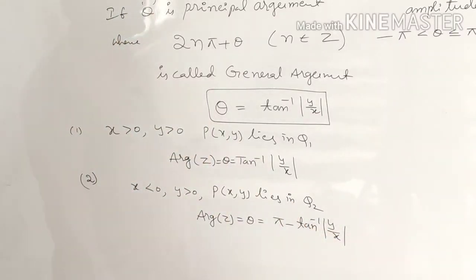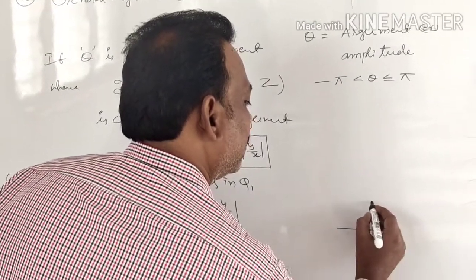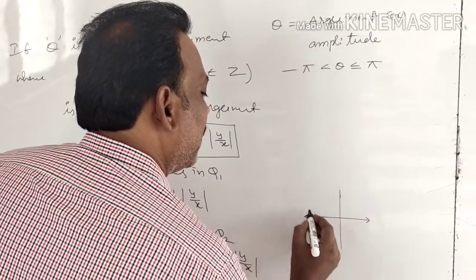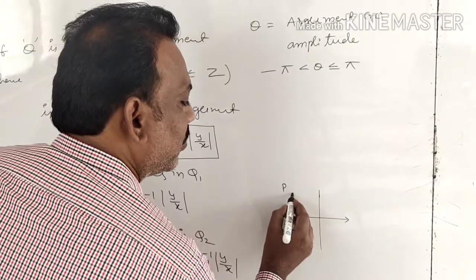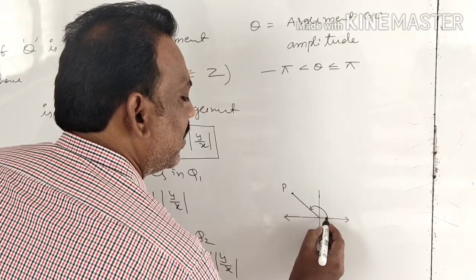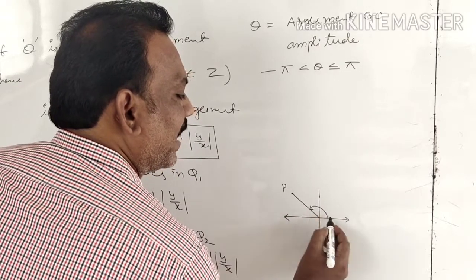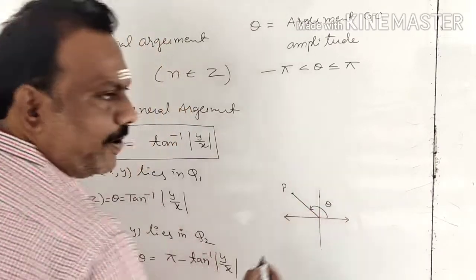Why is it pi minus? You can see here. Suppose the point is here, that means the second quadrant, correct students? If you connect here, this is the positive angle from the x-axis in the anti-clockwise direction, which is considered as theta.